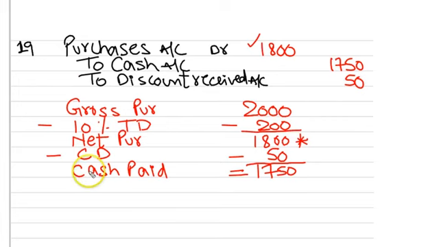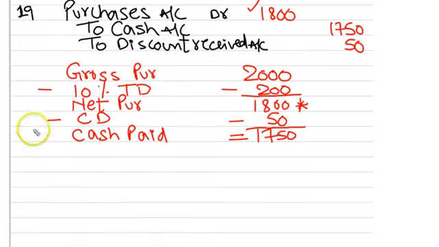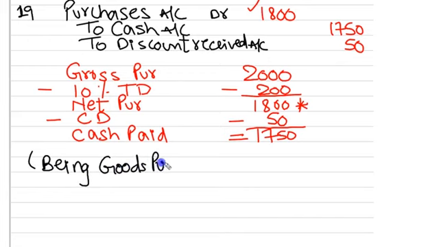I will write below the entry over here. Being goods purchased at the rate 10% trade discount and 50 cash discount.